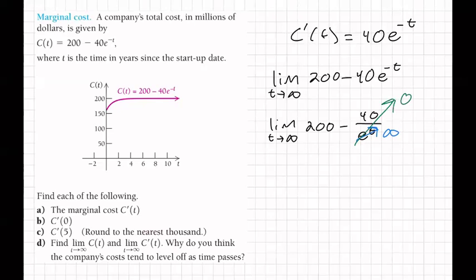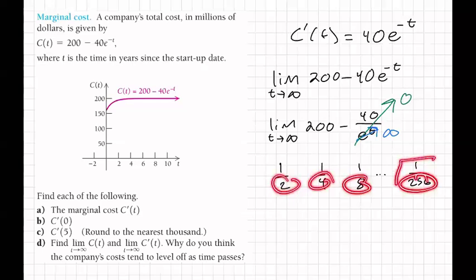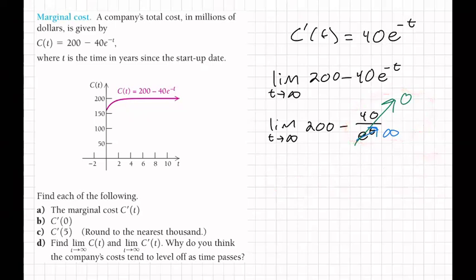If you think about something like 1 over 2, 1 over 4, 1 over 8, if I had bases of 2 instead of e, being 2 times 2, 2 squared, 2 cubed, and so on, when the denominator keeps getting bigger, the fraction itself is getting smaller and closer to zero. So that's what we're using here. This is just a more mathematical way to say, as I look at this limit as t approaches infinity of that original function, it's going to equal that 200.